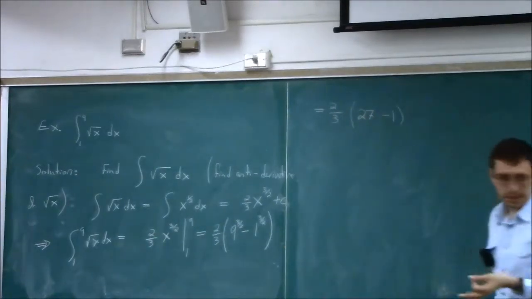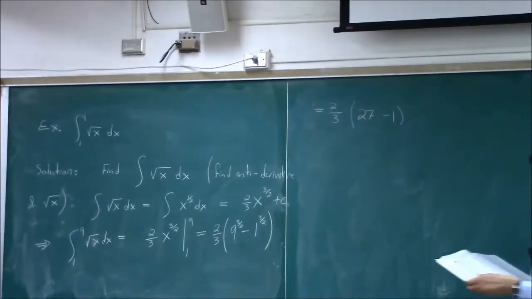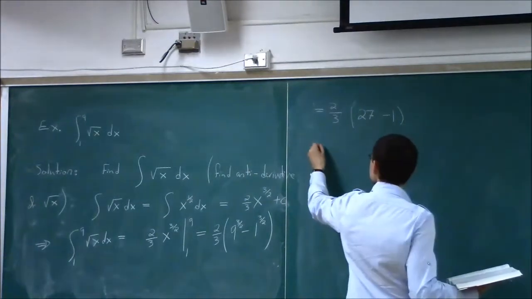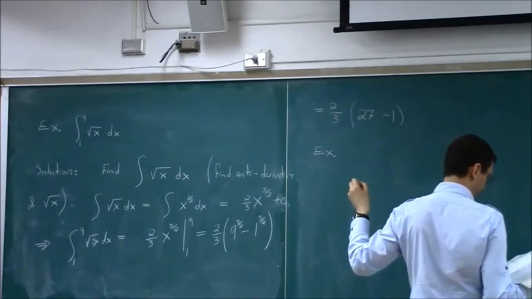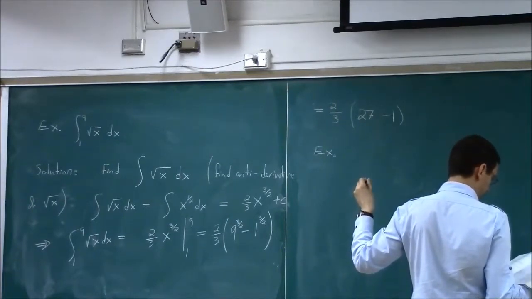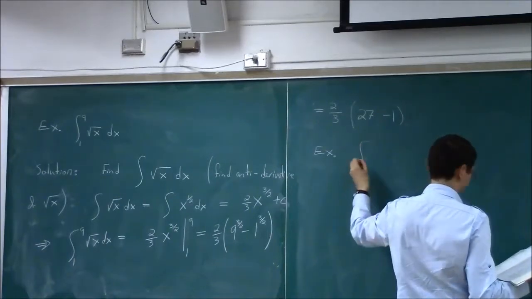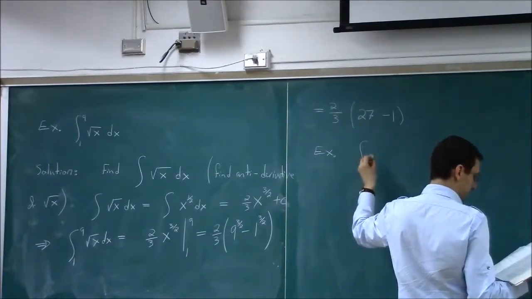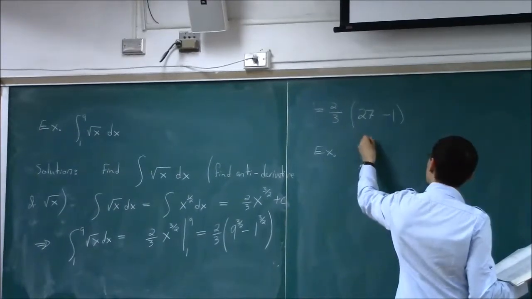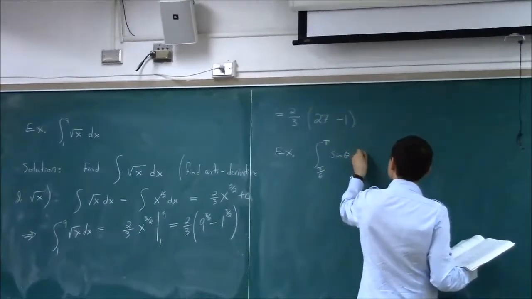So this is the answer here. So let's try another question. All right, so what do you do if it is from pi over 6 to pi? And here we have sine theta d theta.